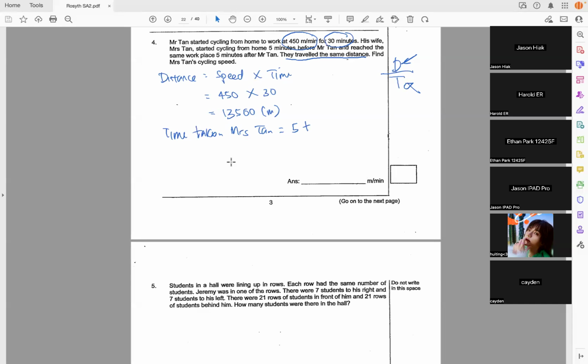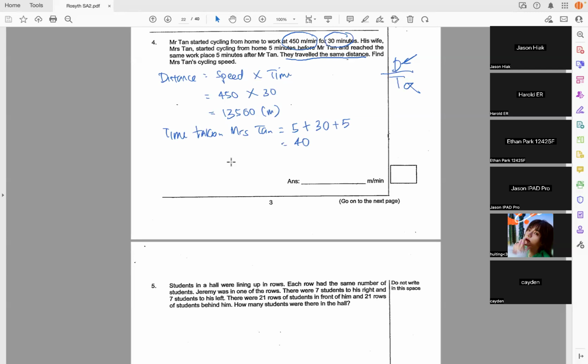So if Mr. Tan traveled 30 minutes, she will reach 5 minutes later, there'll be another 5 more minutes. So in total, Mrs. Tan took 40 minutes to travel from home to office.